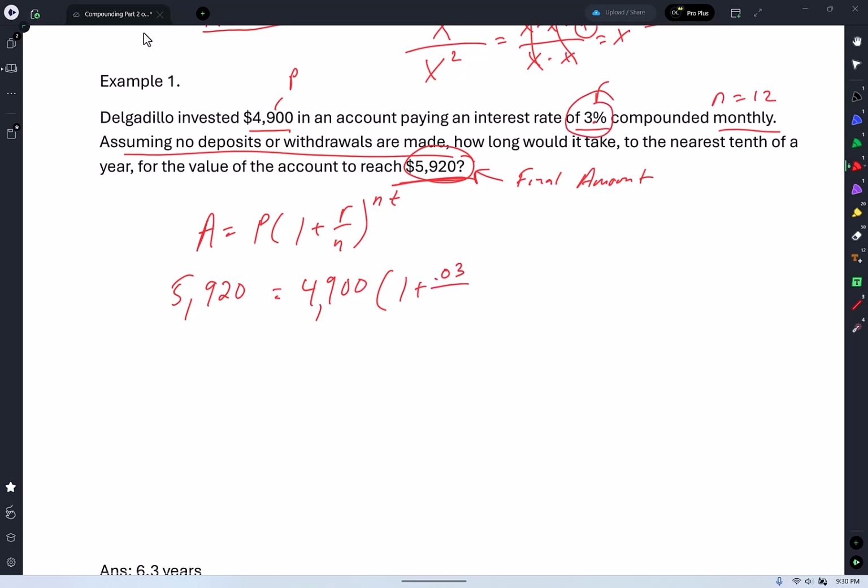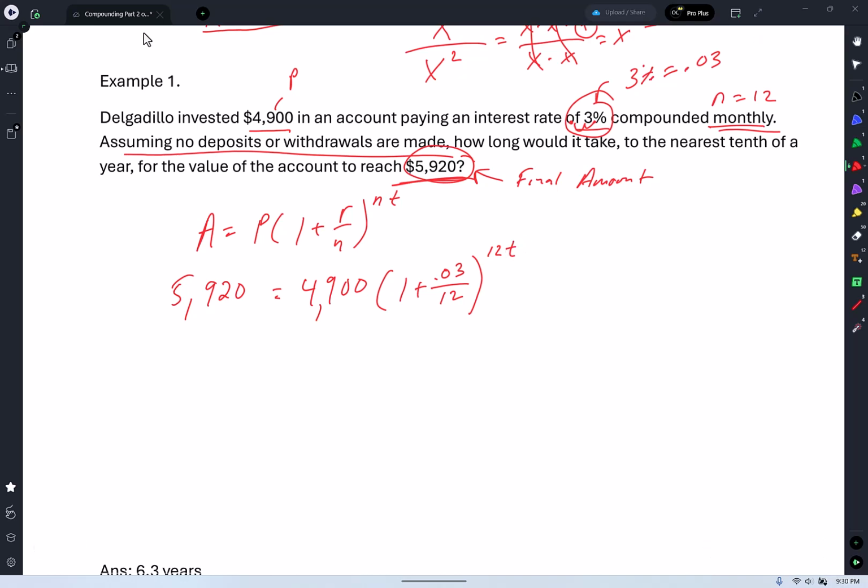Move the decimal 2 times to the left, so 3% is equivalent to 0.03) over 12, since it's compounded 12 times within the year, and raised to the power nt. So let's see, 12 times, what was my time? Oh, that's what they're looking for. Okay, so I'm going to write 12t.